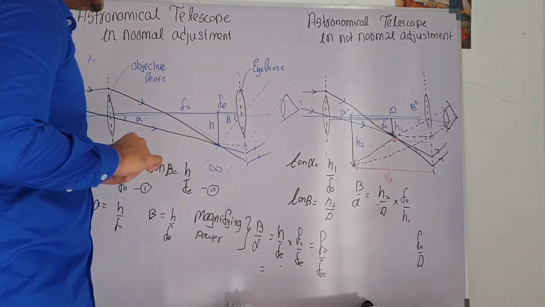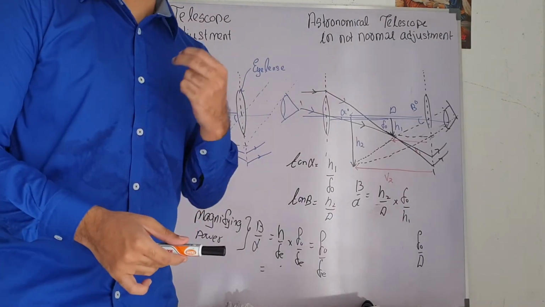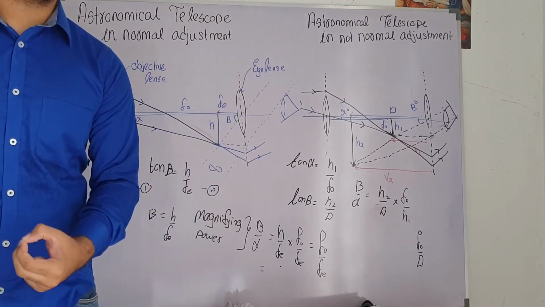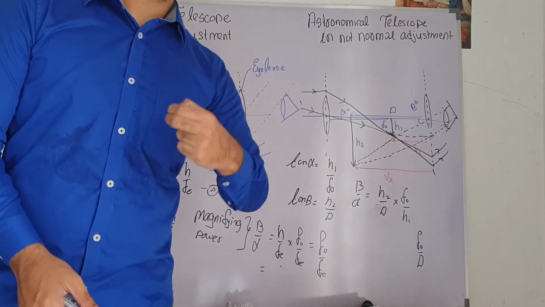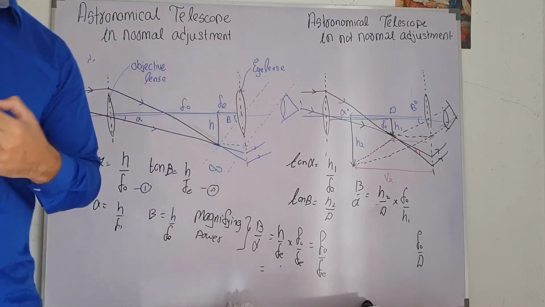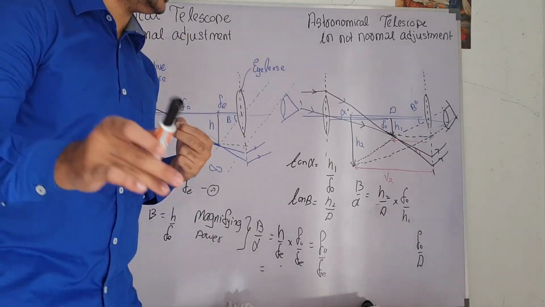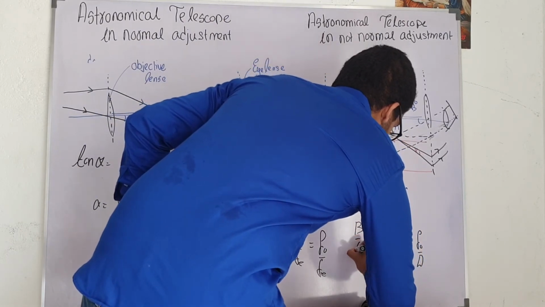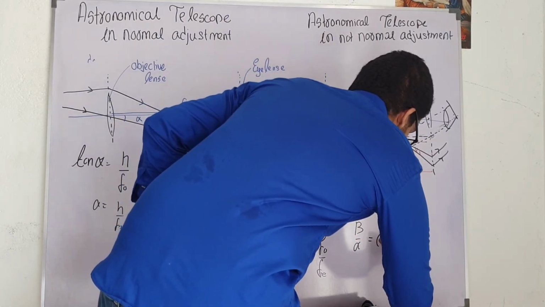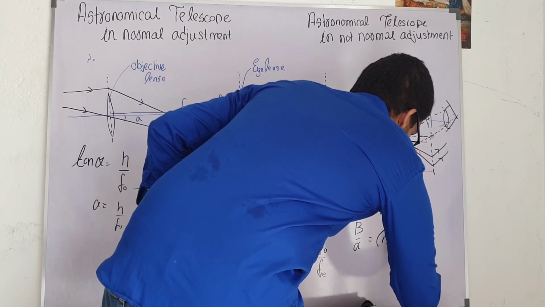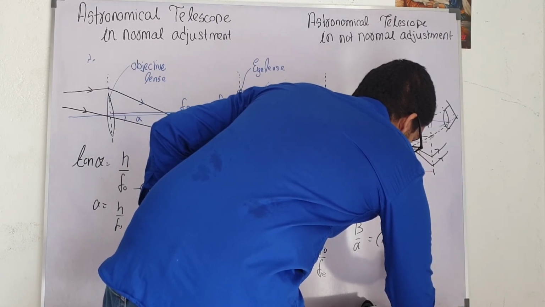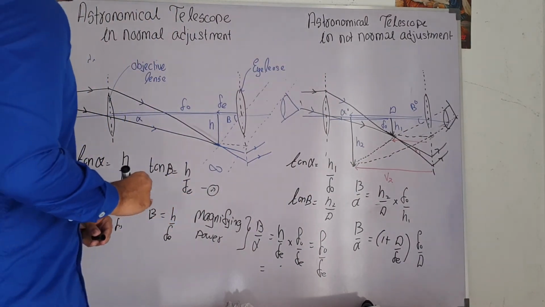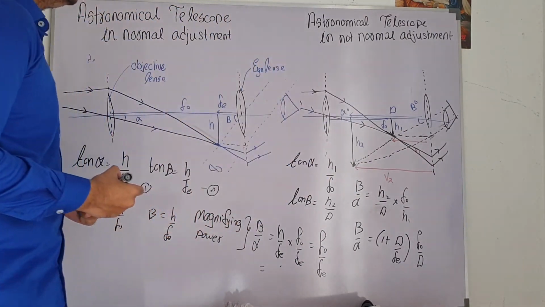Something you should know is that in linear magnification, h2 over h1 is going to be equal to 1 plus d over fe. Fe is the focal length of the eyepiece. Therefore you can write beta by alpha equals 1 plus d over fe, and we get the equation for the astronomical telescope in not normal adjustment.